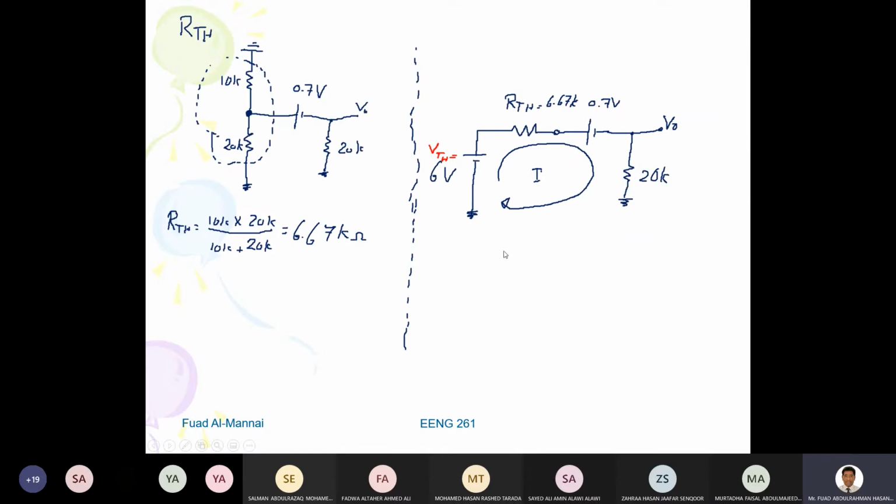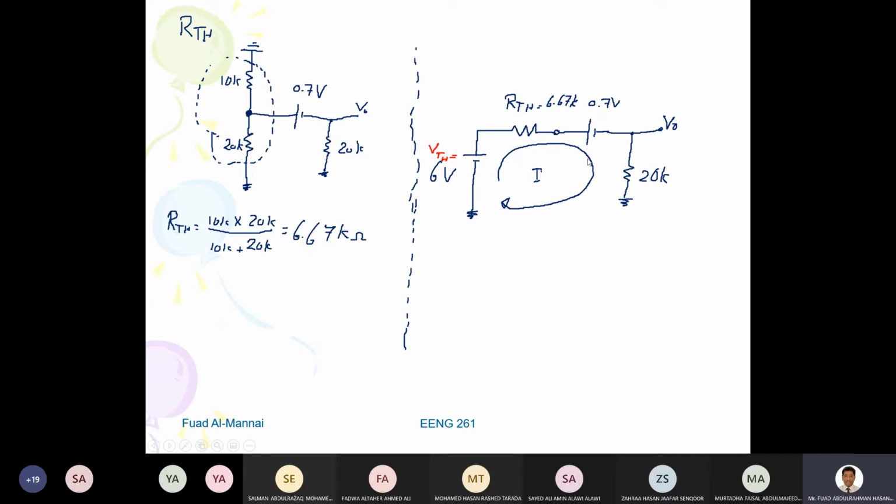So this is the original one, and I replaced the diode with its equivalent model, which is 0.7 volt. This is VD. And then I replaced the voltage divider network with 6 volts, which is VTH, and RTH, which is 6.67K ohm. Now I have this.